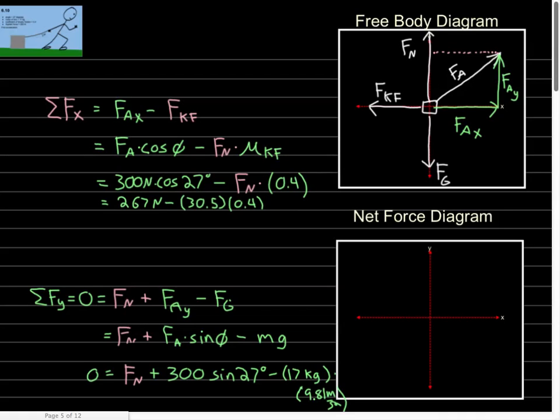When we do that, we get 267 minus 30.5 times 0.4. We get out a net force of 254.8 newtons. That is our final answer for the sum of forces in the x direction. So here's our object. We have one net force in the x direction of 254.8 newtons.